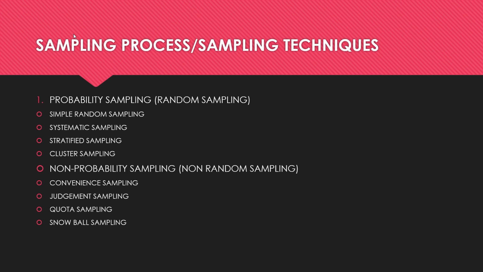Thus, it is like setting the ball in motion, whereby referrals are obtained from referrals, creating a snowball effect which keeps on growing in size as it rolls down. So its name came snowball. For example, medical researchers use snowball sampling to collect responses from patients with a rare disease.